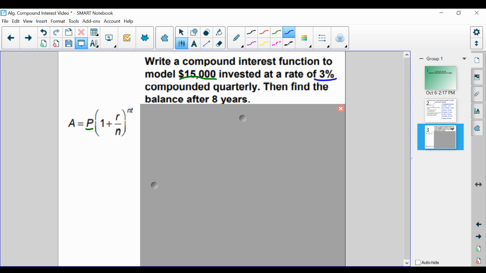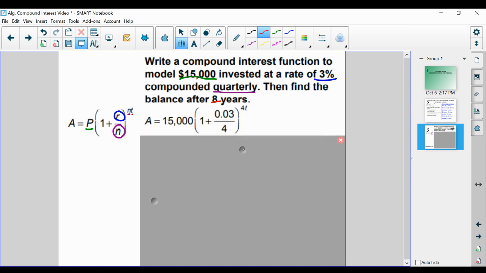Our rate is 3%. It's compounded quarterly, which means it's occurring 4 times. So our n in the denominator inside the parentheses and the n in the exponent are going to be 4. We're talking about 8 years, so our t value is going to be 8. All we have to do is substitute into our formula and go from there.